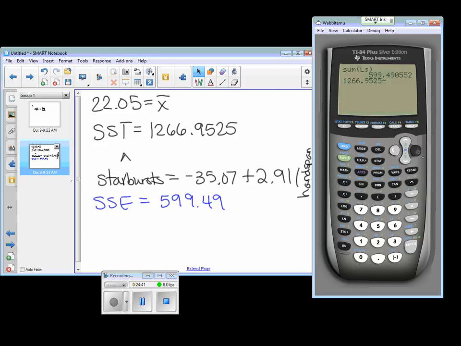Oh, it doesn't let me do that. Interesting. You can go ahead on your OS and grab it, but I can't do it on mine. Make sure I did that right. Nope, 599.49. There we go. And so the difference is 667.4625. So on question number 11, we have this.